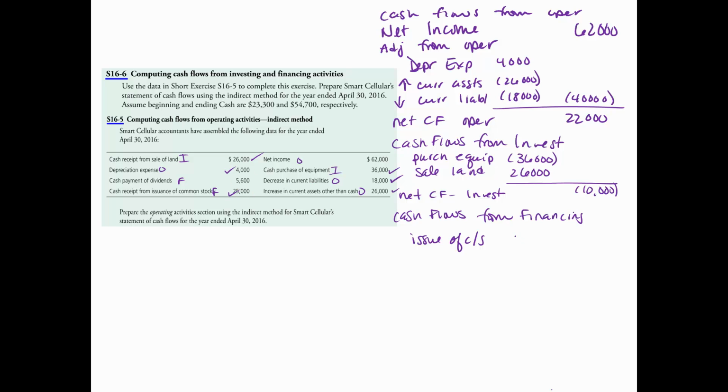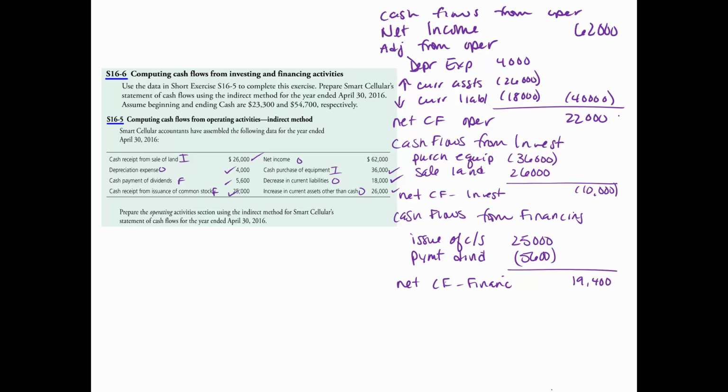So that's 25,000 positive. And then I have cash payment of dividends. That's that one. So that's 56,000 negative. So my net cash flows from financing activities are 19.4 positive.